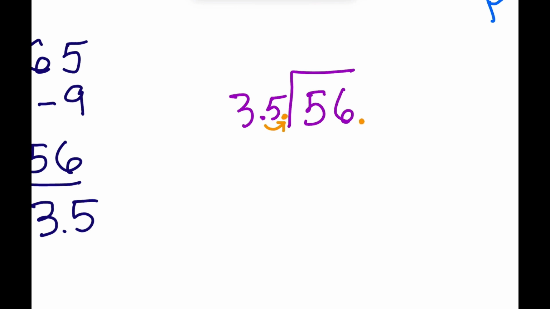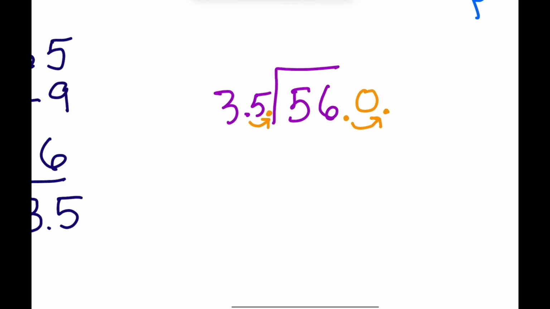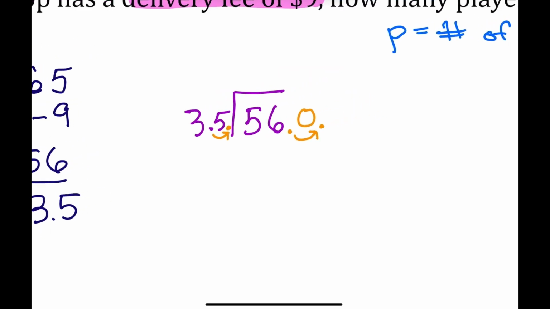So if we look at the 56, we need to also move that decimal one place to the right as well. The decimal here would be right after the 6, so if we move it one place to the right, we're going to have to add a 0, so it now becomes 560. So our new division problem that we're looking at is 560 divided by 35.